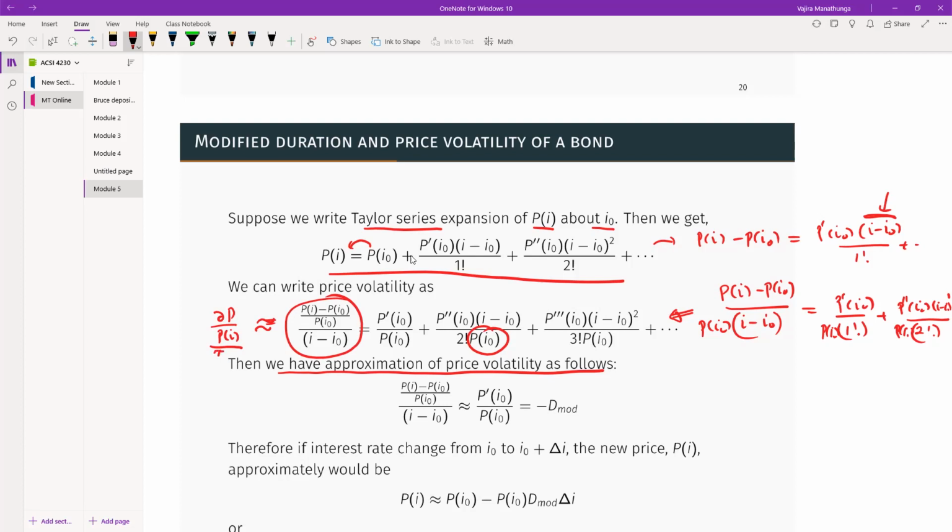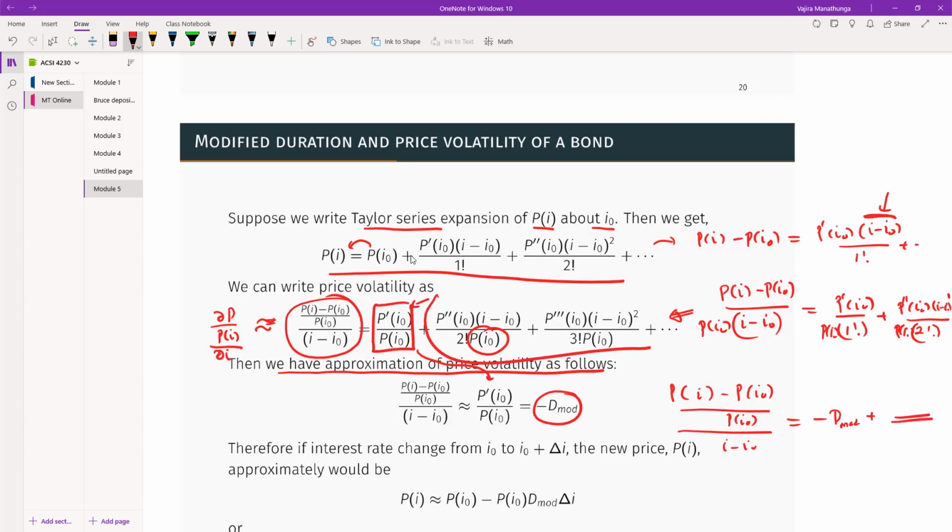Then this part is very close, and you can replace it by the modified duration. So this one is basically the modified duration, plus some other terms, the rest.